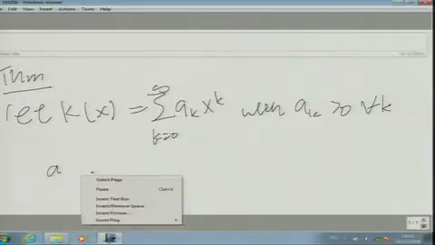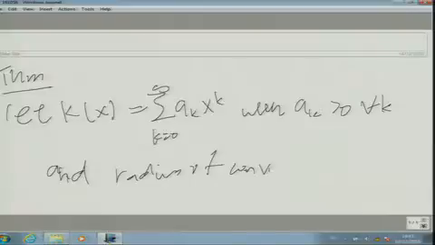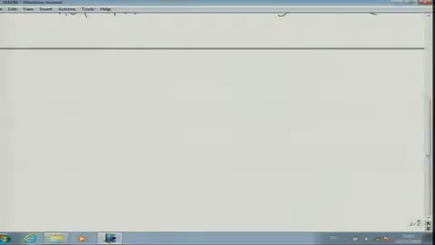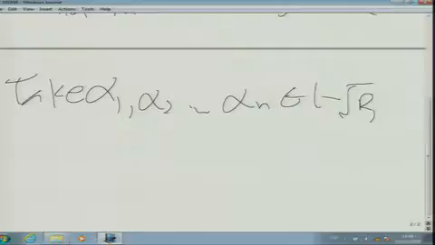And this function has a radius of convergence R. And we take alpha_1, alpha_2 to alpha_n in the range of negative root R to root R, and they are all pairwise distinct.